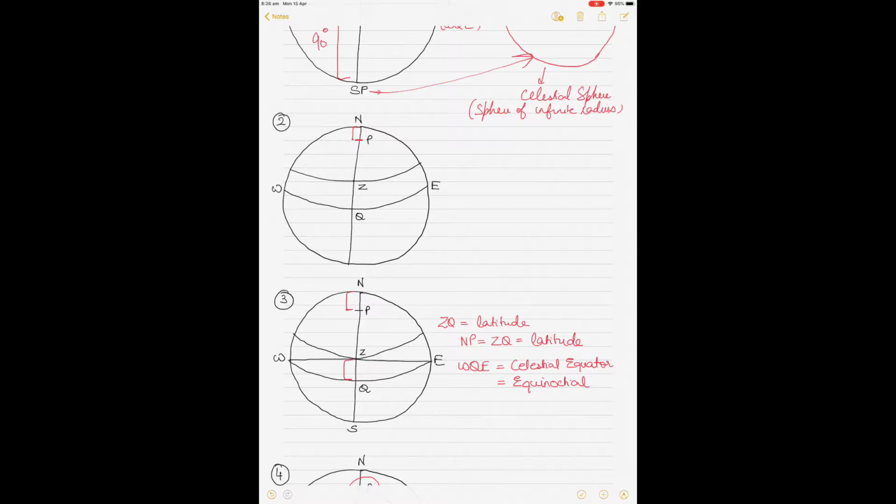So the observer's latitude is measured in reference to the celestial equator. Alright, and then of course P becomes the celestial pole. So this becomes the celestial pole, the pole on the Earth's surface projected onto the celestial sphere. Right, this north, south, west, east are directions only, for direction keeping purposes only.